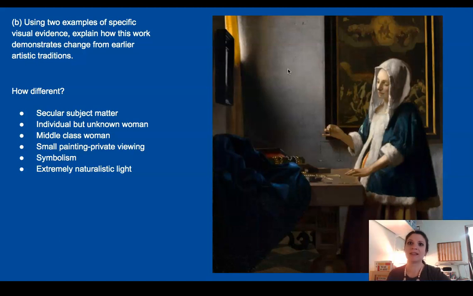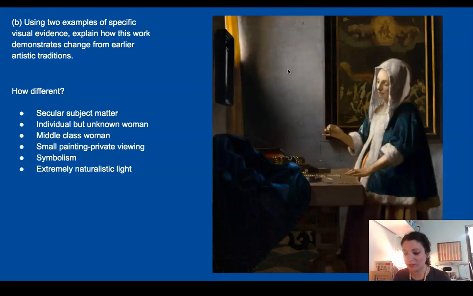It doesn't tell us a myth like a lot of Italian Renaissance paintings might have done. So it's not religious, it's not mythological, it's not a portrait of anyone in particular. It's not a rich person who's having their portrait painted for posterity or anything like that.